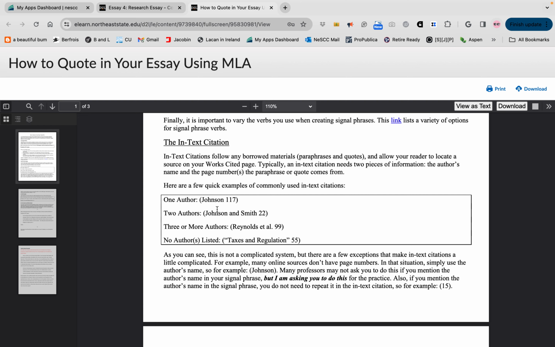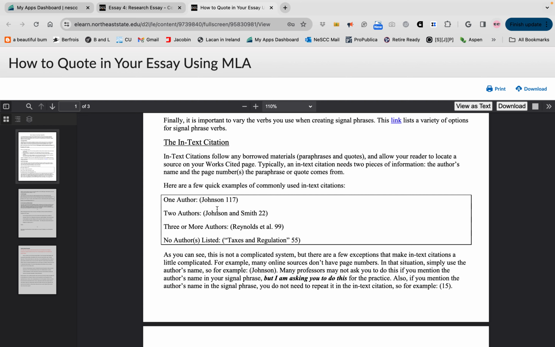And the goal here, and this is worth explaining, and again, this is something I'll discuss as often as I can, is that if you imagine this within the body of your essay itself, the goal of MLA signal phrases and in-text citations is to give your reader just enough information that they could then go to your full works cited page and find the entire entry itself.